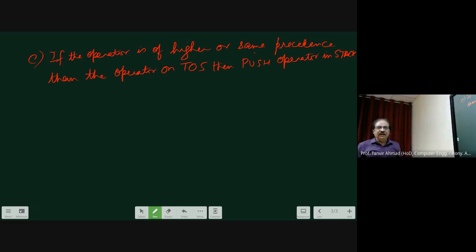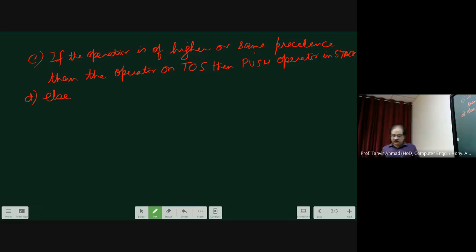That means if it has a higher or same precedence than the operator on the top of the stack, then push the operator in the stack.